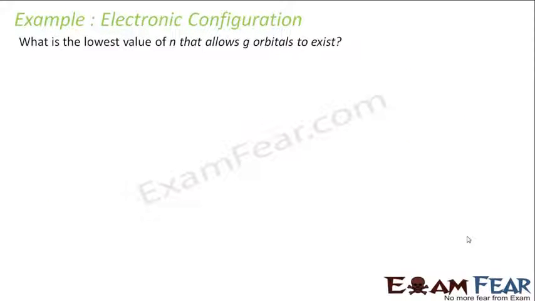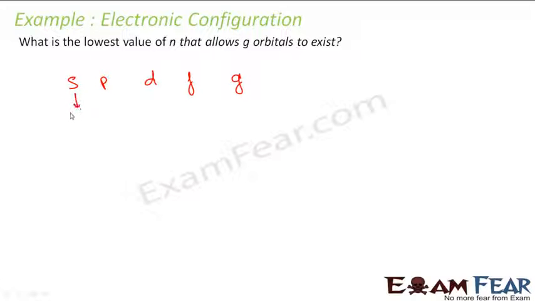Which is the lowest value of n that allows g orbital to exist? The question is, which is the lowest value of n that allows g orbital to exist? See, I have s orbital, p orbital, d, f, g orbital, right?